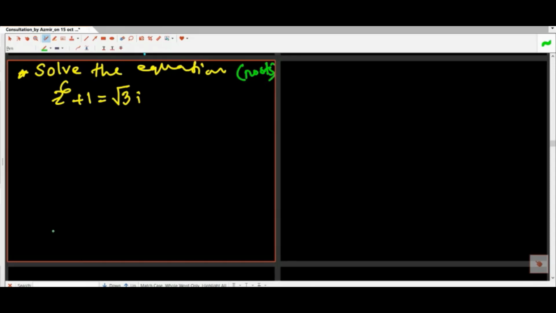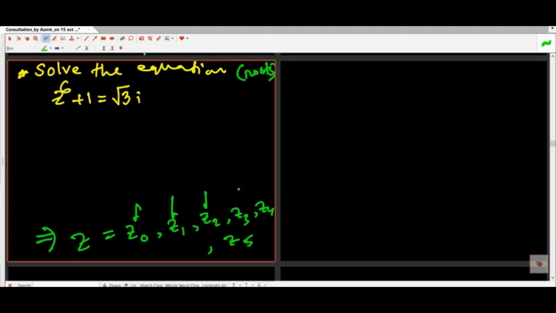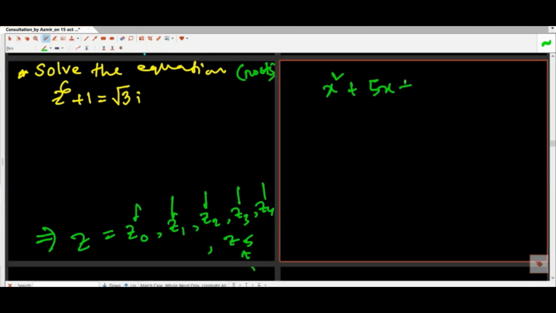So we will get finally the roots of z. Okay, so how many solutions will we have? That is, we will have 6 solutions. Let's say z0, z1, z2, z3, z4, z5. So there will be 6 solutions: 1, 2, 3, 4, 5, 6. Just think about x squared plus 5x plus 6 equals 0.